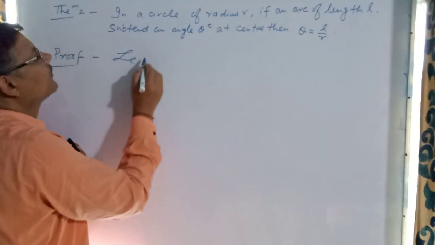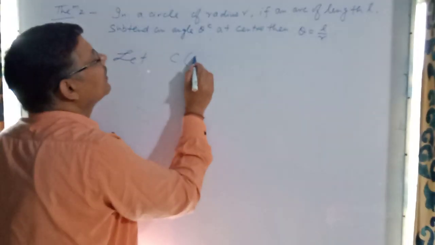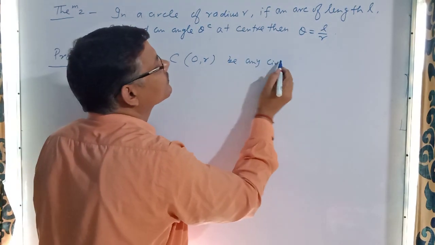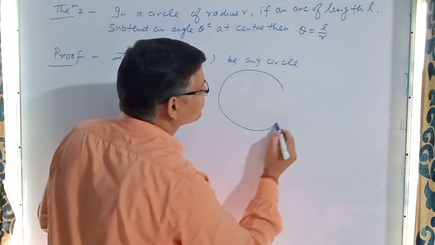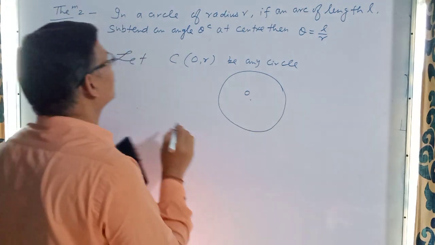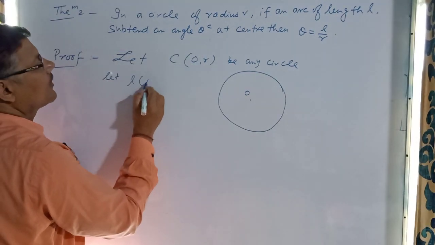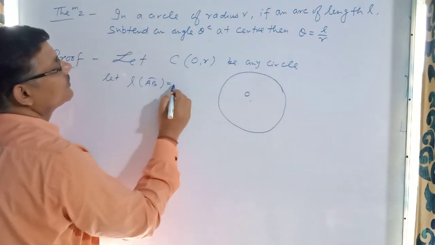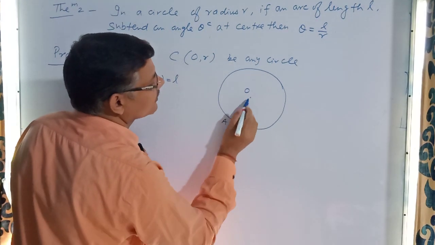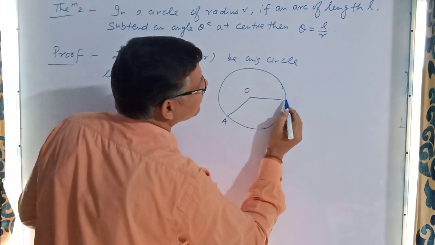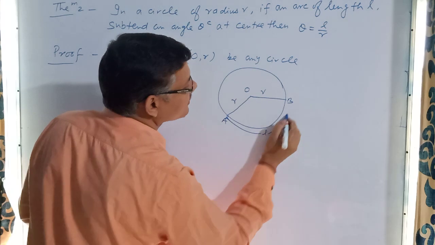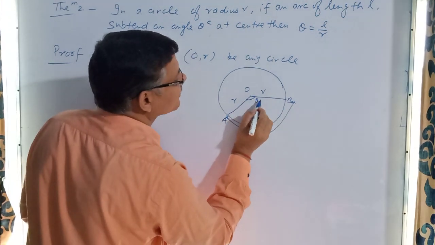So let C be any circle whose center is O and radius is r. Now let the length of arc AB be equal to L. So let it be A and it is B. Its total length is L, and this angle is theta radian.